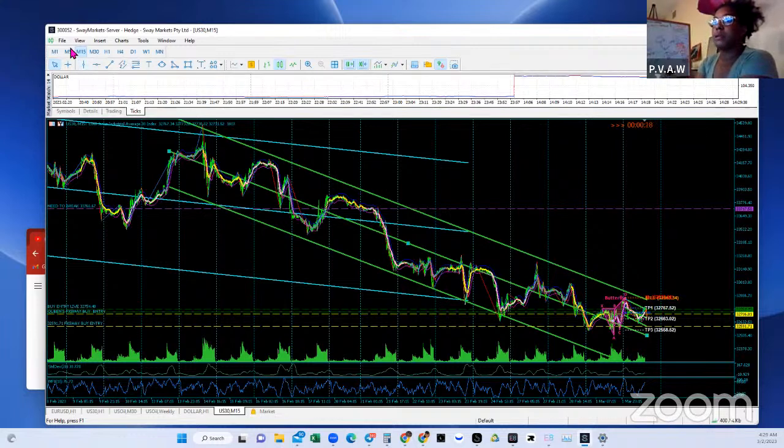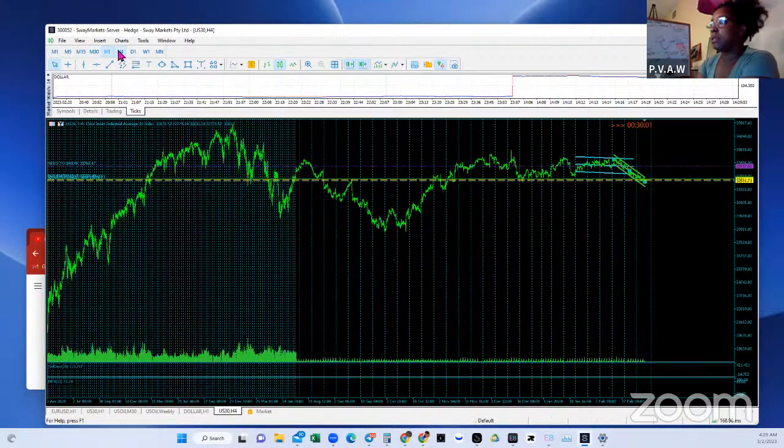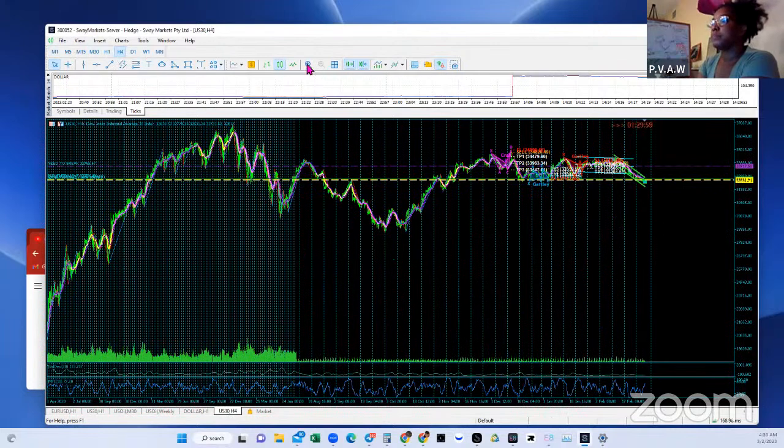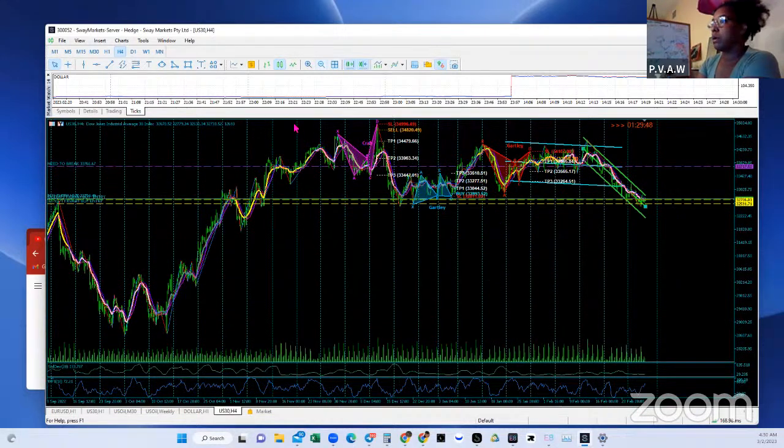So basically, we've been getting this falling wedge. Same thing here, M15 chart, M30 chart. This created an inverse cup. So you can visually see the inverse cup on the M30, the H1, the H4, larger one right here, the H1, and here on the H4, another one.